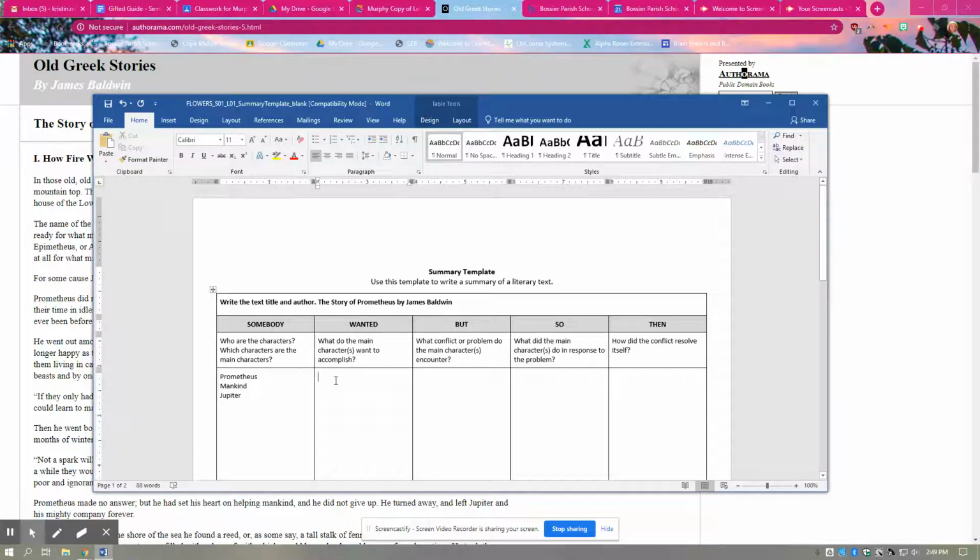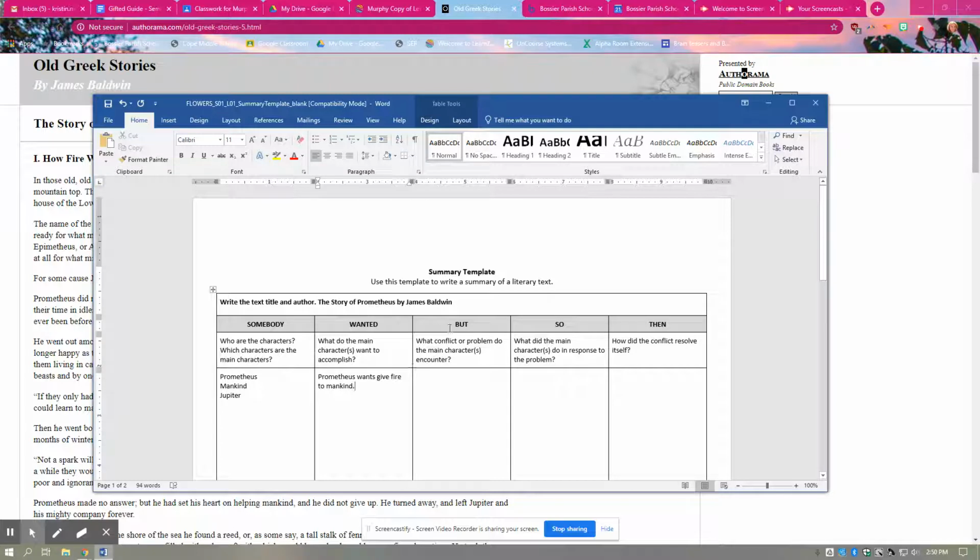What do the characters want to accomplish? Well, Prometheus wants to give fire to mankind. Jupiter doesn't really have anything he's wanting to accomplish here. Prometheus is really wanting to accomplish something here.